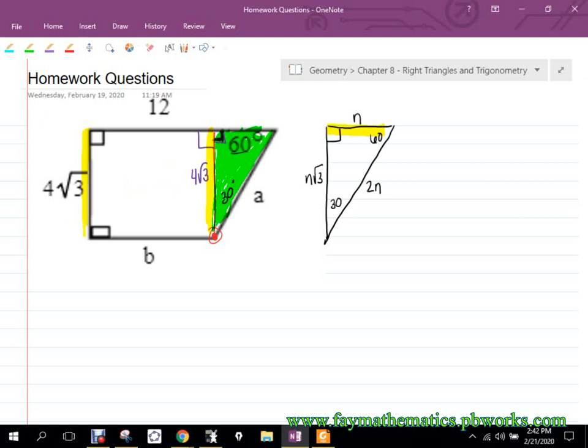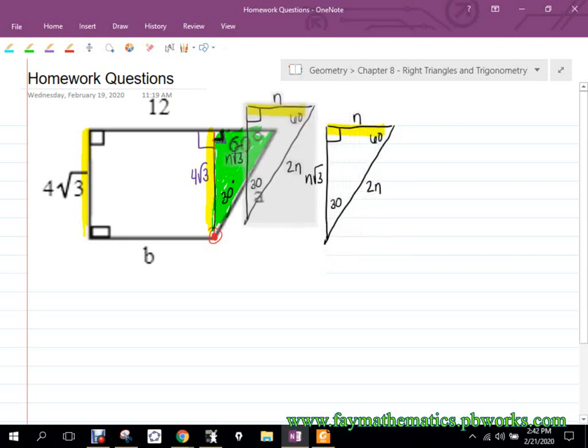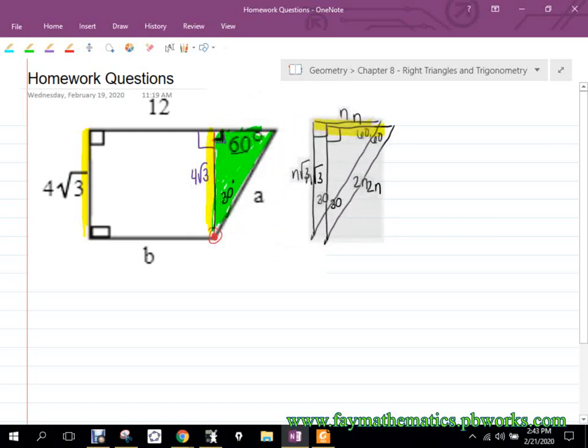All right, so now that we have that, we can now play this game where I take that and I put it on top there. And you see, hopefully, that the n radical 3 and the 4 radical 3, they're what's matching up, right? Now, I know you guys can't, obviously, this would be nice if everybody had this in their notebook and they could do that, right?